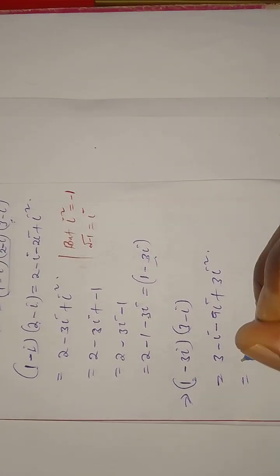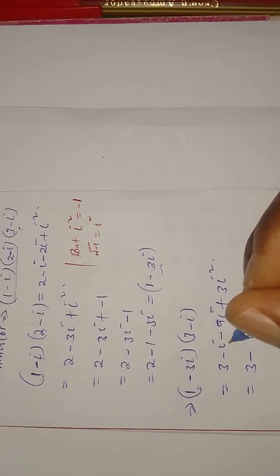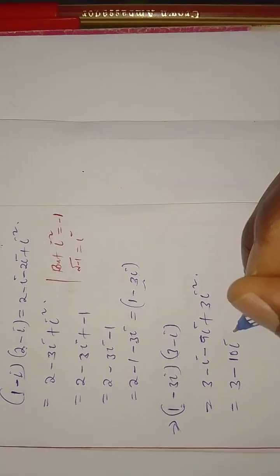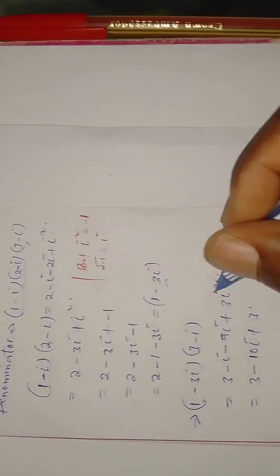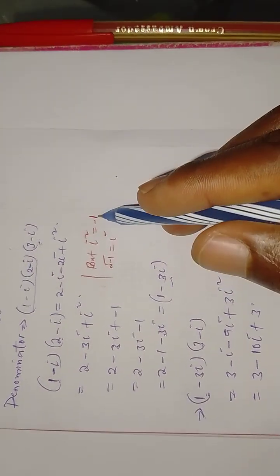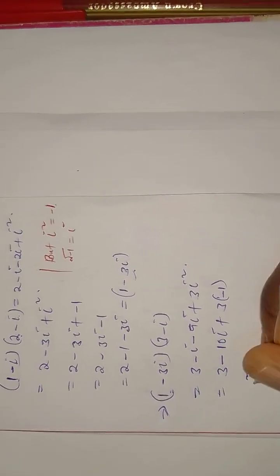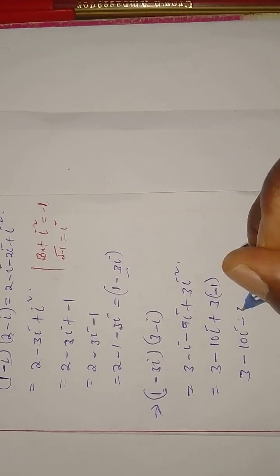So this becomes 3 minus i minus 9i, which is negative 10i, plus 3i squared. Remember, i squared is equal to negative 1, so it is times negative 1. We get 3 minus 10i minus 3.